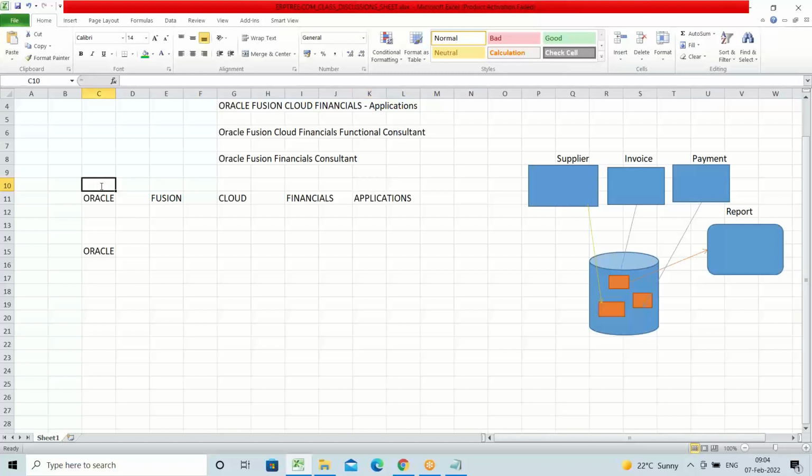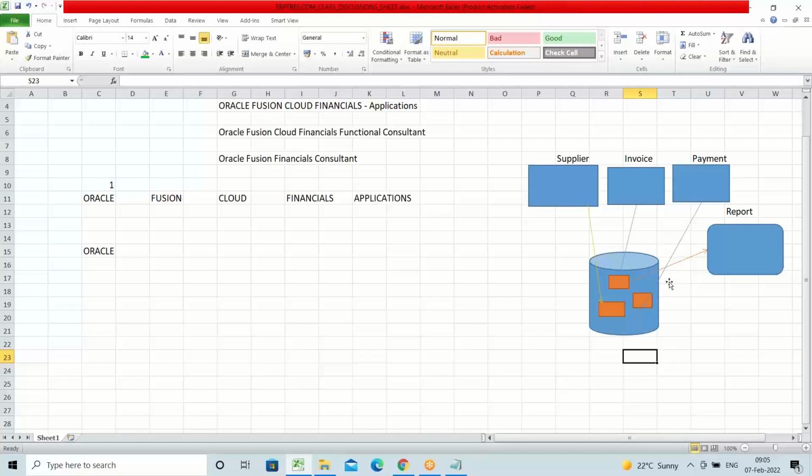We discussed what the meaning of Oracle is. Oracle is nothing but a database where we can store the data. If you have only the Oracle database, you have to store the data by using SQL queries, by writing SQL statements. The easiest option to store and retrieve the data from the database is the application.